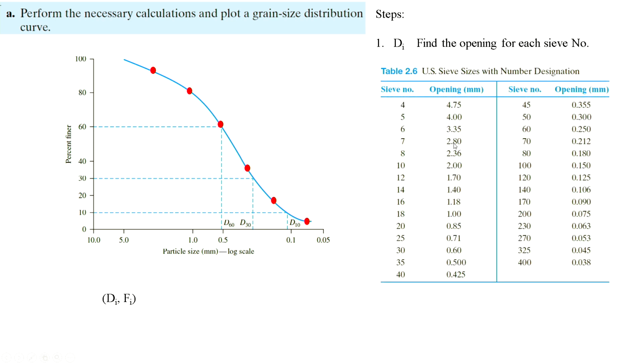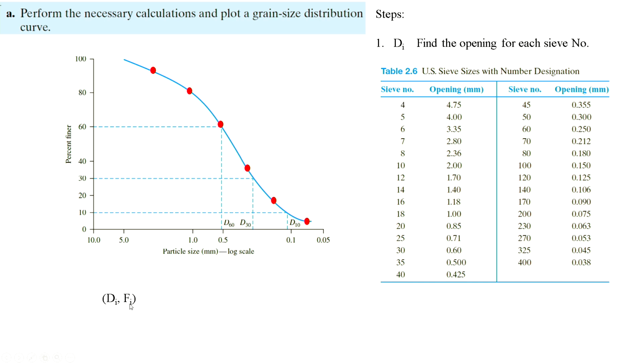Then the opening of the sieve number 4, 10, 20, 40, 60, 100, 200. The corresponding opening is the particle size we want to find, right? This particle size is actually Di in here.